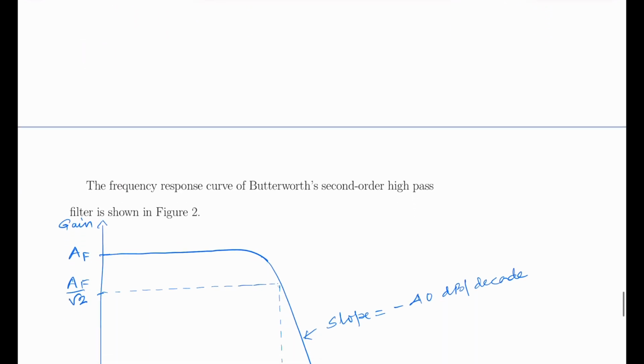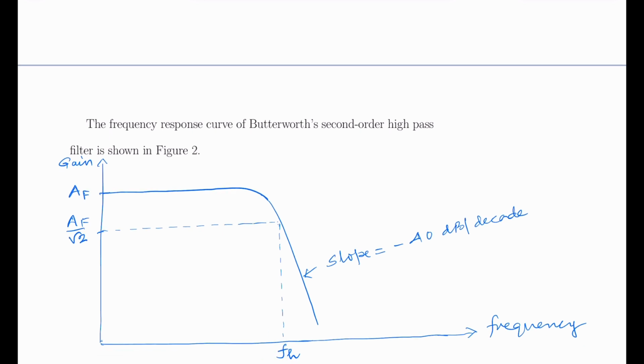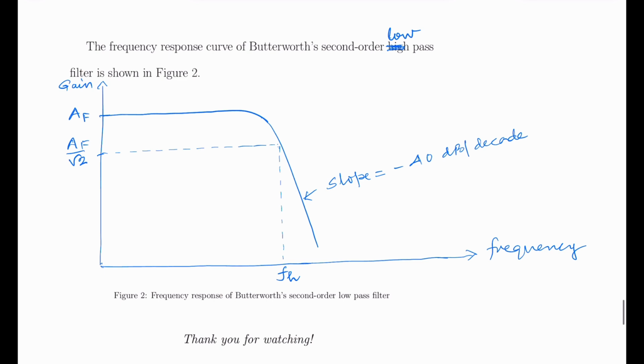The frequency response curve of Butterworth's second order low pass filter is shown in the figure below. See here, when the frequency is 0, the gain is AF.